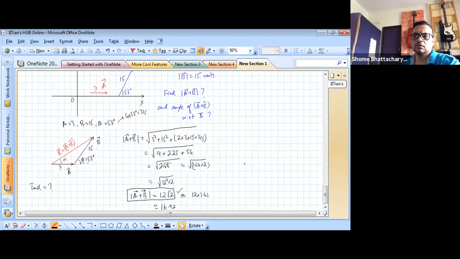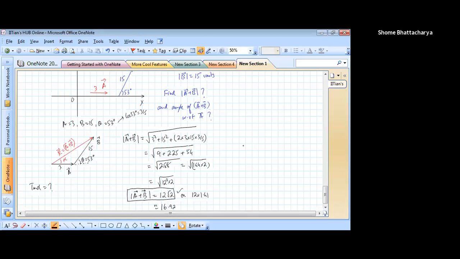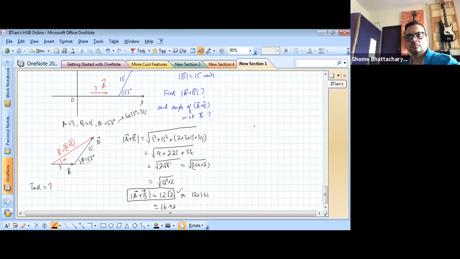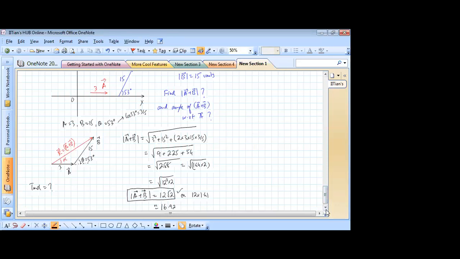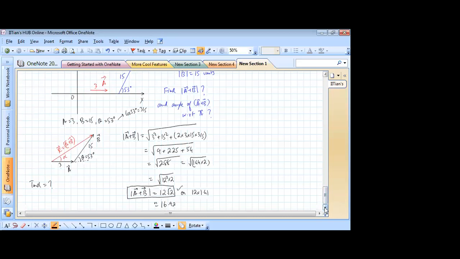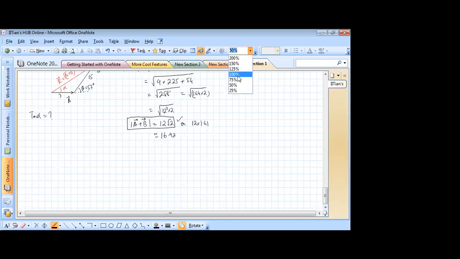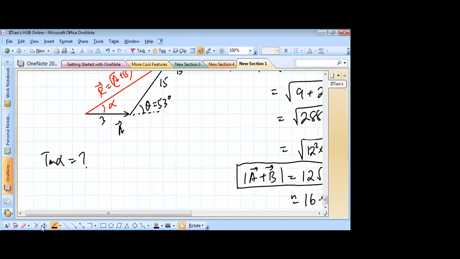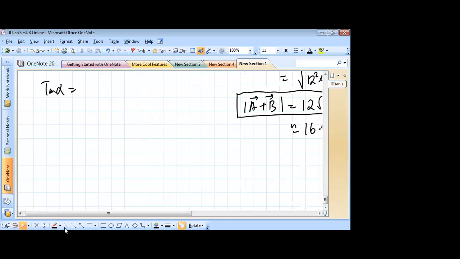We get tan alpha as 1. Substitute: b sine theta upon a plus b cos theta, that is 15 sine theta upon 3 plus 15 cos theta.